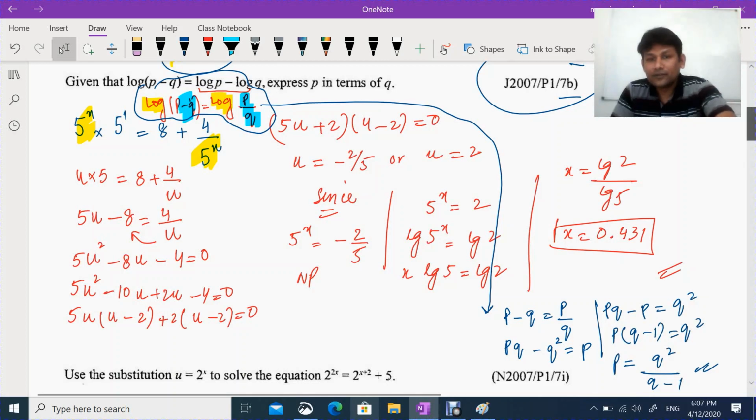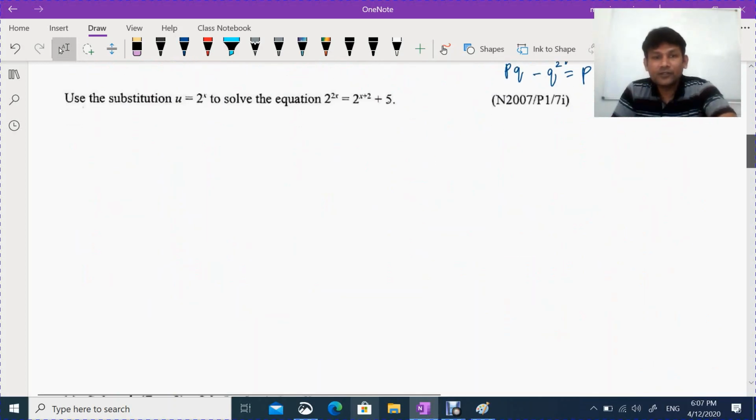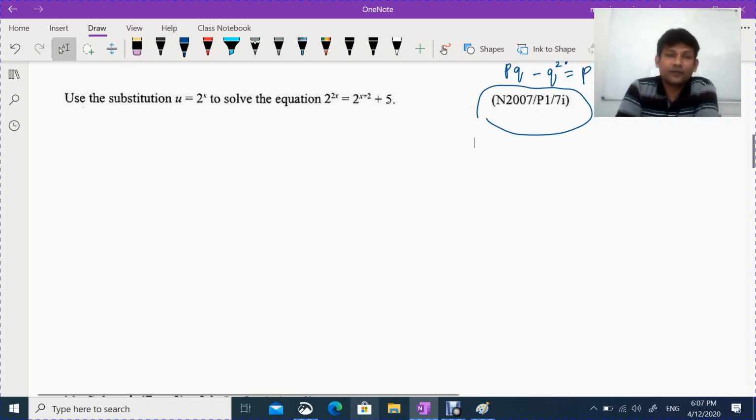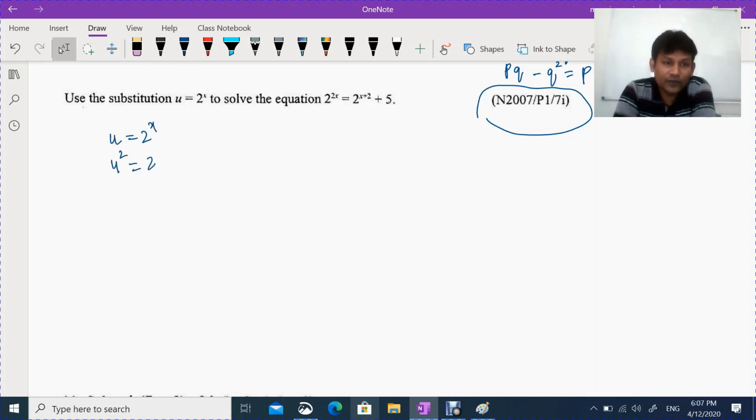The next past paper question is the same as we have done. November 2007, paper 1, question number 7, part 1. Let u be equal to 2 power x, so it means u square will be 2 power 2x. This is the easiest way to write first.